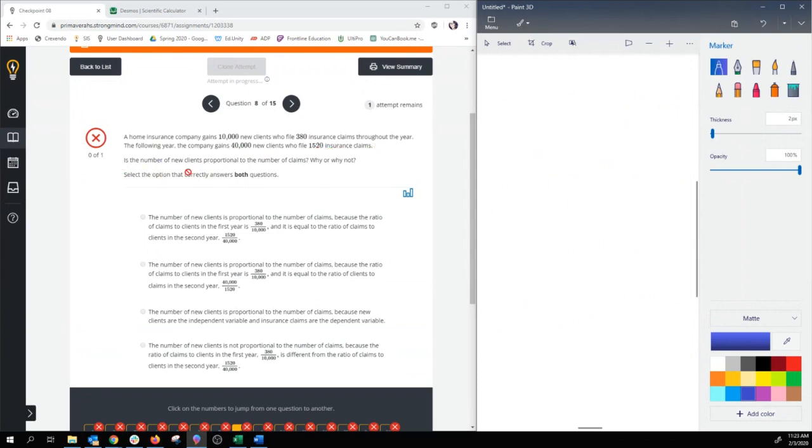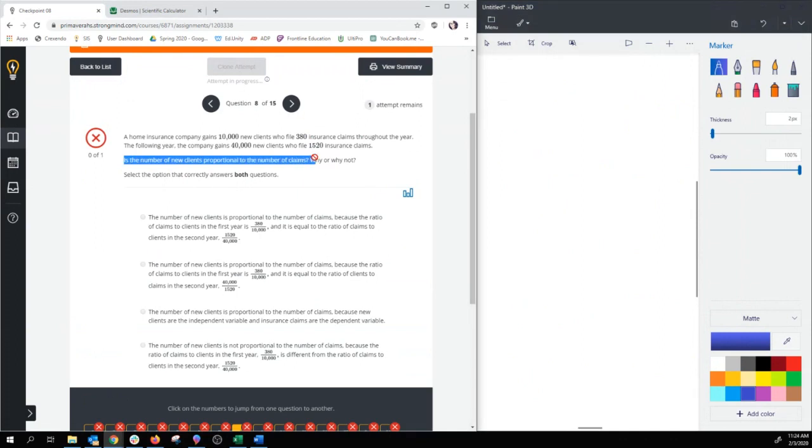Is the number of new clients proportional to the number of claims? Why or why not? So since this question is asking, is the number proportional? What we need to do is create a ratio for both of these and see if they're equal to each other. So remember, when you're writing your ratios, your total is going to go on bottom.